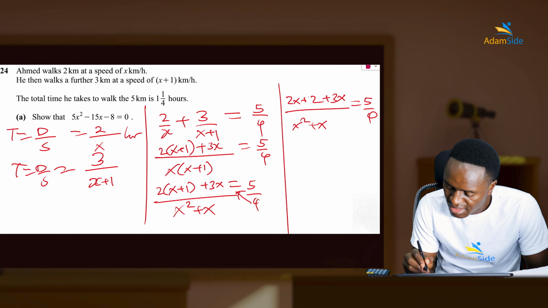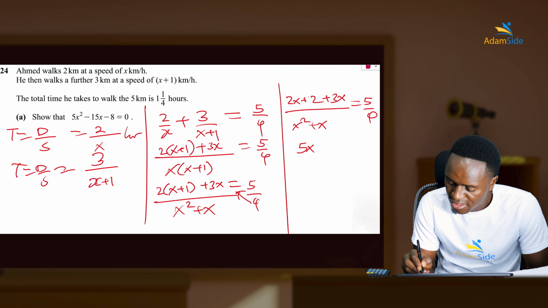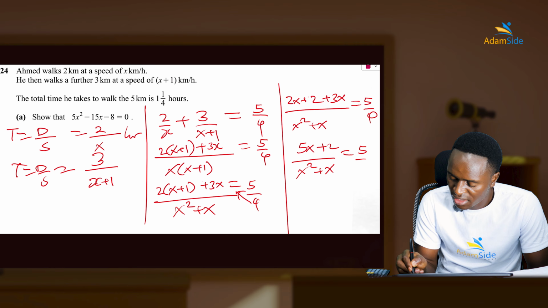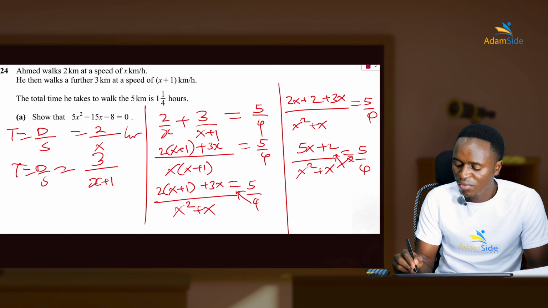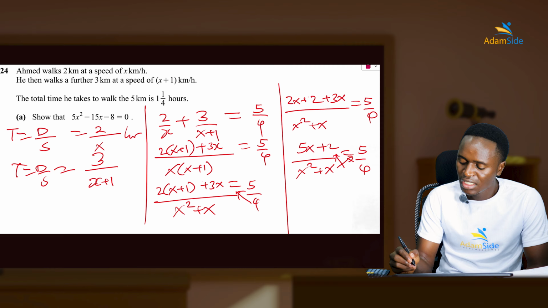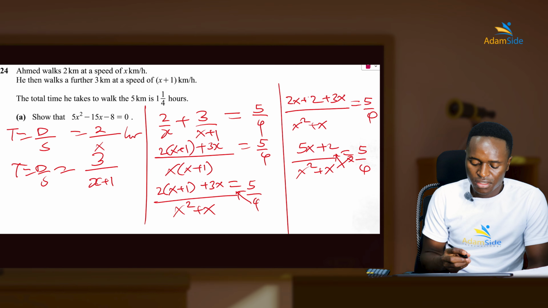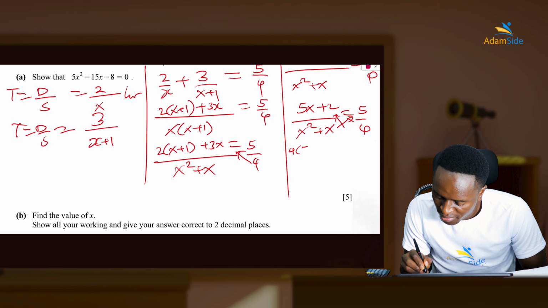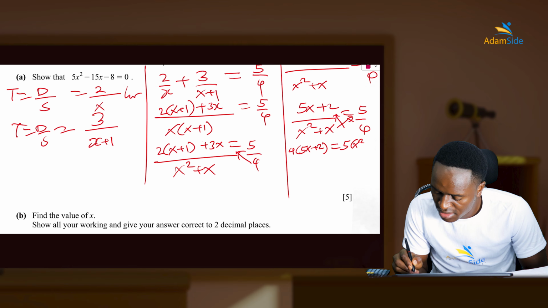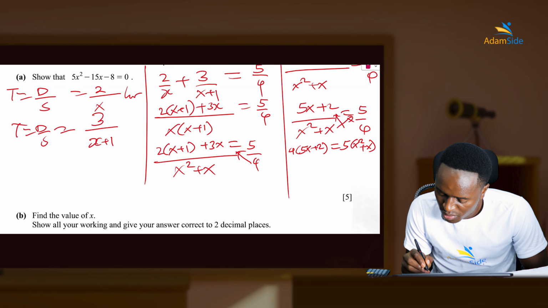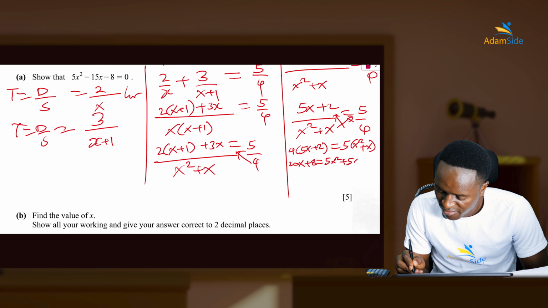Collect like terms on the numerator. 3x plus 2x, you get 5x plus 2 over x squared plus x is equal to 5 over 4. Cross multiply this by there and that by there. So 4 times everything, 5x plus 2, and 5 times everything there. So what you basically get is 4 into 5x plus 2 is equal to 5 into x squared plus x. When you multiply this, you get 20x plus 8 is equal to 5x squared plus 5x.